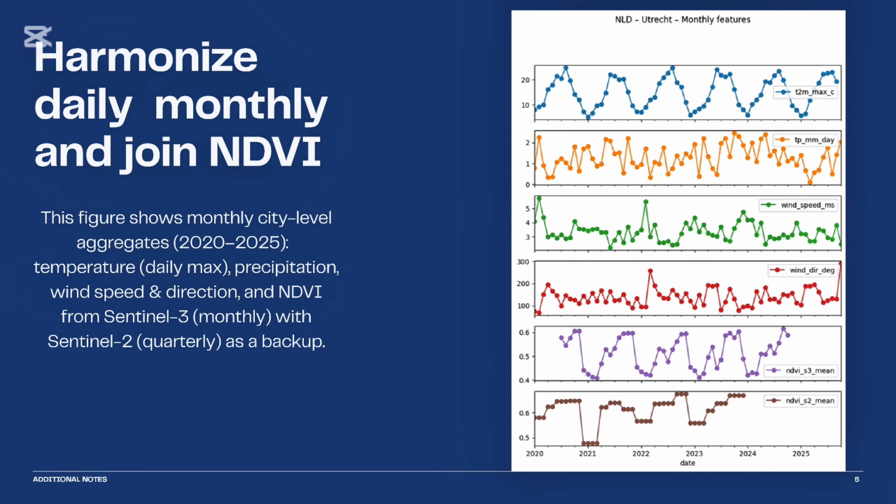We then joined this with our vegetation data using the monthly Sentinel-3 NDVI in purple and filling any gaps with the quarterly Sentinel-2 data in brown. This final harmonized table is the backbone of our entire analysis, covering the period from 2020 to 2025.